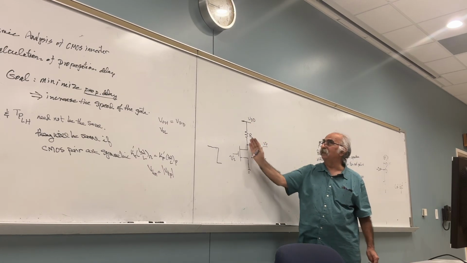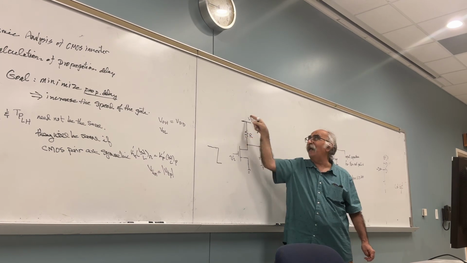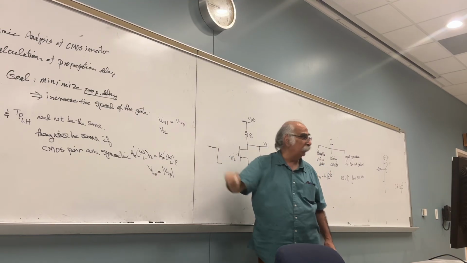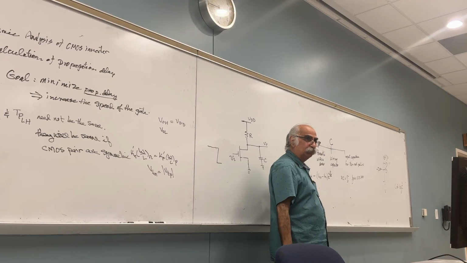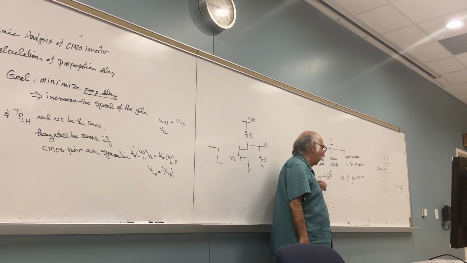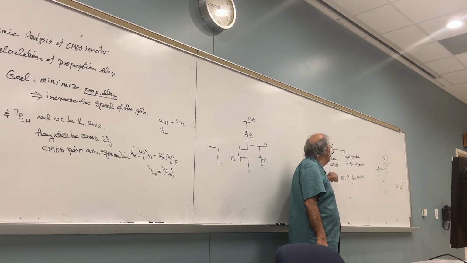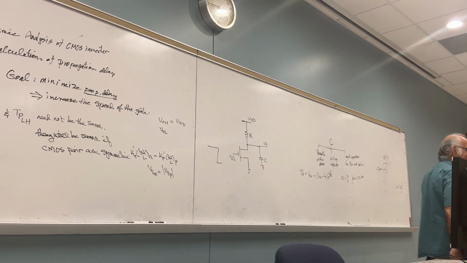The capacitor begins to charge through R to VOH. So the final value, VOH, minus the final value minus the initial value, e to the minus t over RC. Did you get it or not?